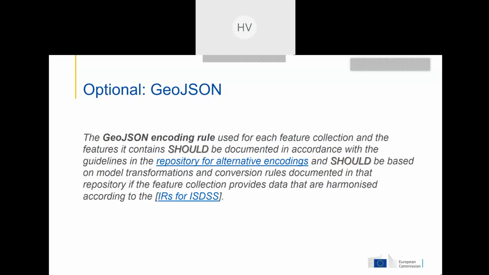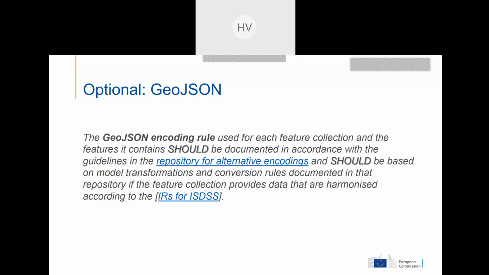So there is a repository that has documentation on how you could do model transformations of the Inspire data model and conversion rules that explain how you can go from this UML model, this perhaps flattened UML model, to a GeoJSON encoding. So you should follow those or add to the repository if you have your own JSON encoding.